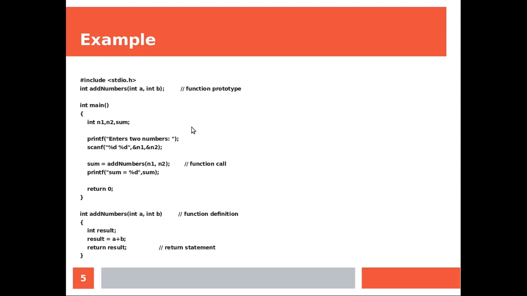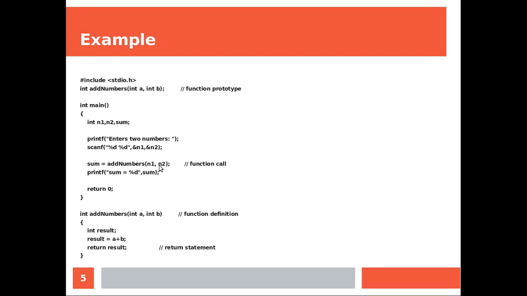So here is an example to illustrate the same. This program is to find the sum of two numbers. This is the main program. Here we are entering two numbers, n1 and n2, from the user and calculating the sum of these two numbers.